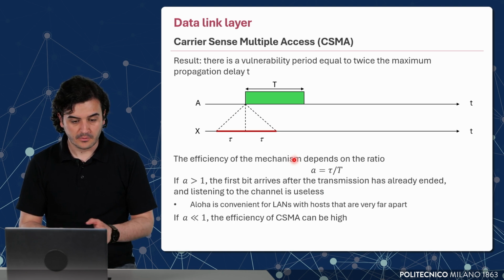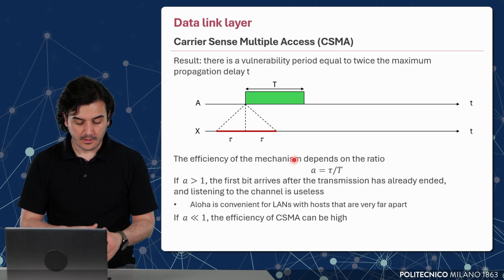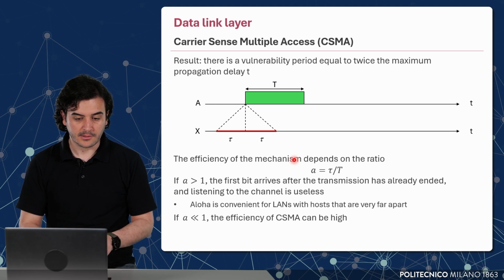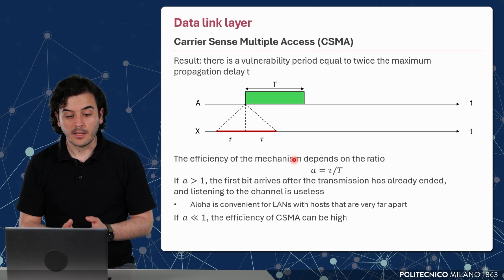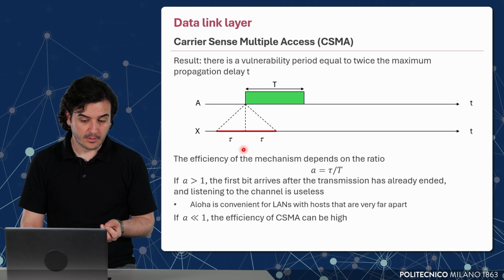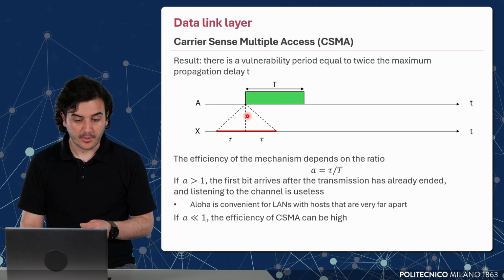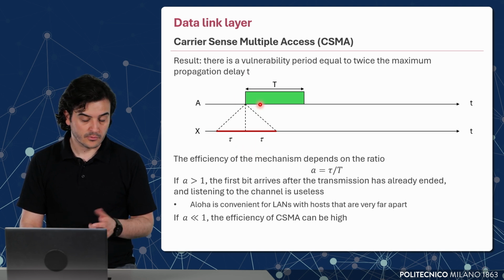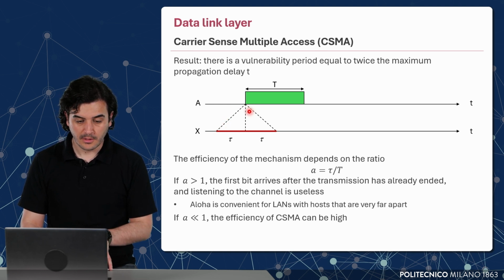In fact, we say that considering this mechanism, there is a vulnerability period which is defined with this delay tau, and here by tau we refer to the propagation delay between the two different stations, which is due to the physical media used for this transmission.